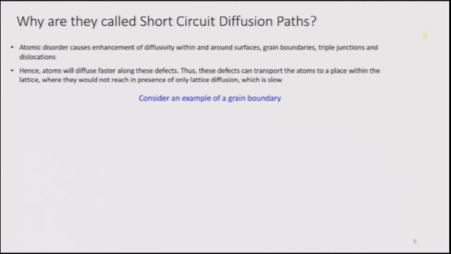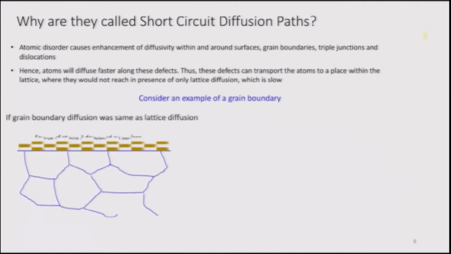Let us consider an example here. Suppose we are considering material A with the grain boundaries of which are shown here, and on top of the surface of A there is a material B which is deposited, and let us allow B to diffuse into A. What happens?